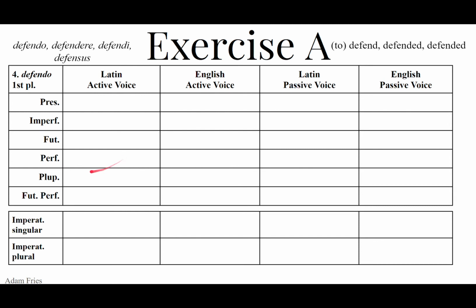The perfect, pluperfect, future perfect uses the perfect stem defend. Oh wait, that's the same as the present stem. Oh well, I'm sure it won't make a difference. Anyway, so defend is the perfect stem. The supine stem, fourth principal part, defens. We're going to use defensus like a first and second declension adjective, but make sure it's plural, because we're dealing with a first-person plural.